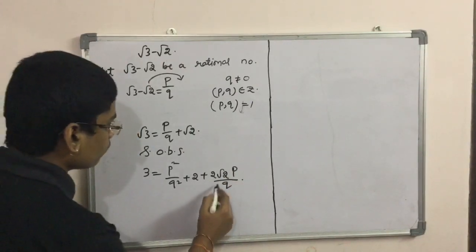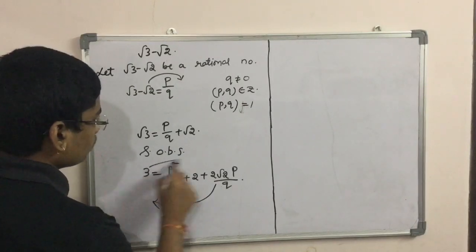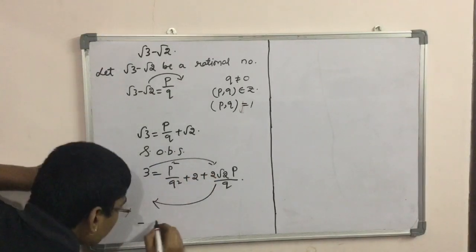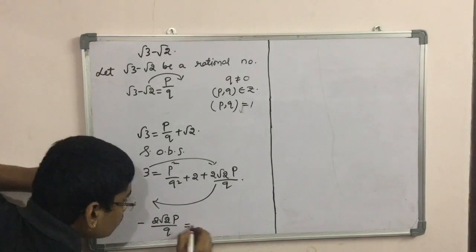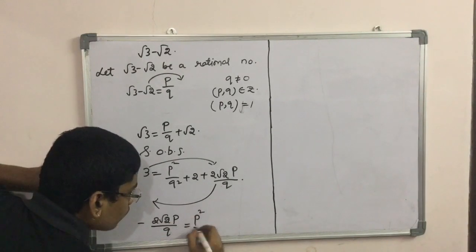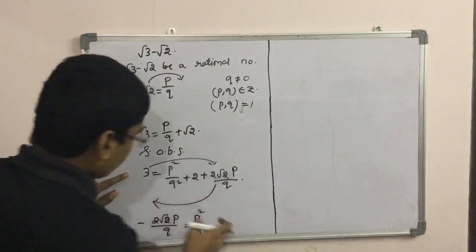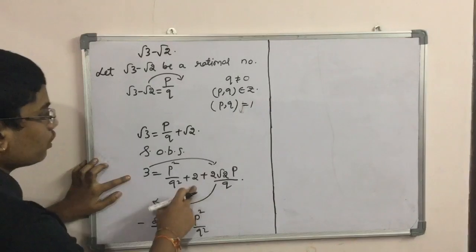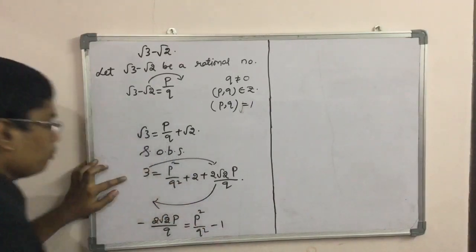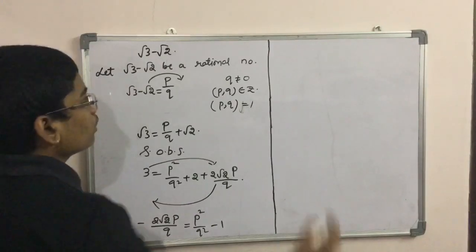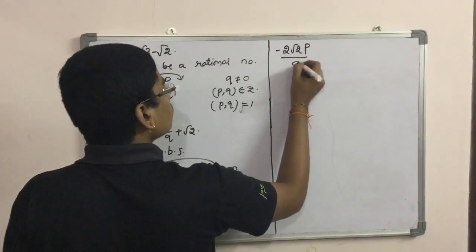Now in the next step, we will send 2 root 2 p/q to this side and 3 to the other side. It will become minus 2 root 2 p/q is equal to p²/q² and when this 3 is taken to the other side, 2 minus 3 becomes minus 1, so p²/q² − 1.